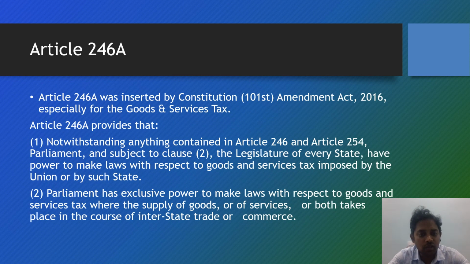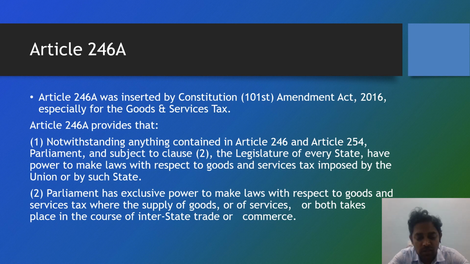Now let us see Article 246A. Article 246A was inserted by the Constitution 101st Amendment Act 2016, especially for GST. Article 246A provides that, notwithstanding anything contained in Article 246 and Article 254, the Parliament and, subject to Clause 2, the legislature of every state have power to make laws with respect to goods and services tax imposed by the Union or by such state.